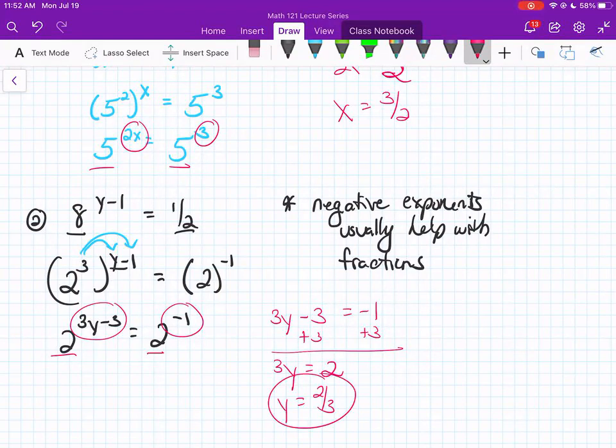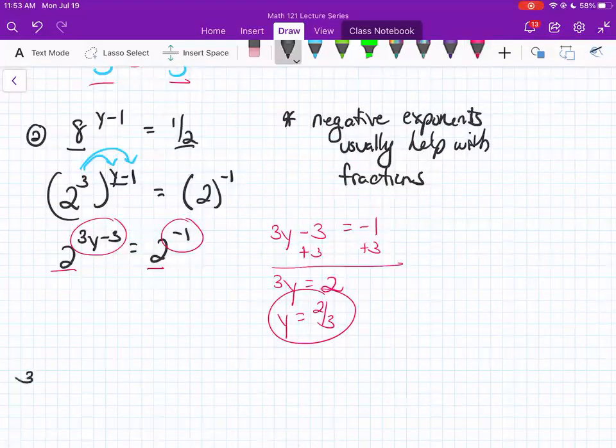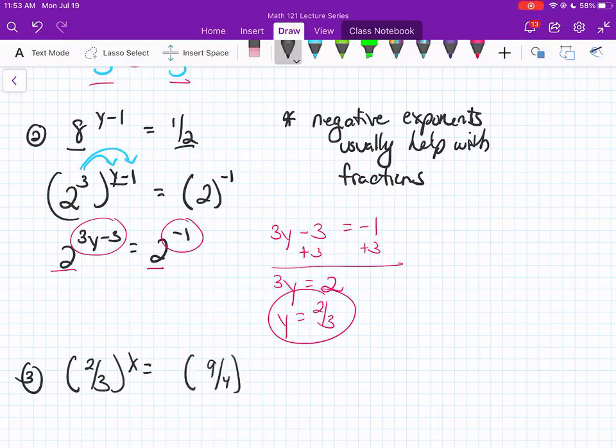For the next example I want to show you, let's consider something like 2/3 to the x equals 9/4.